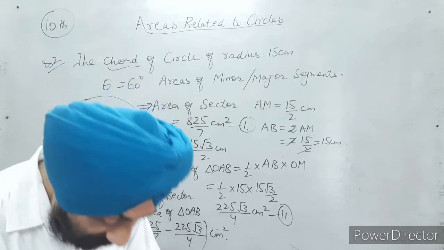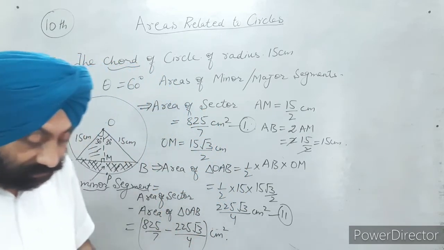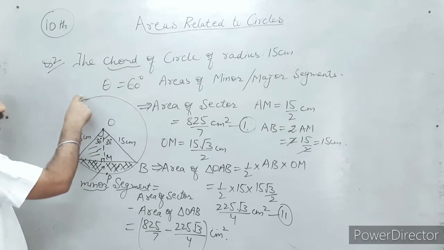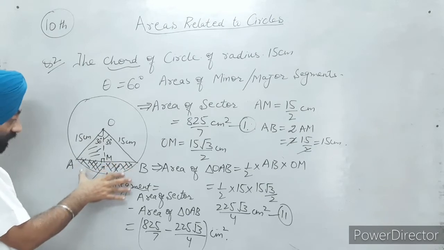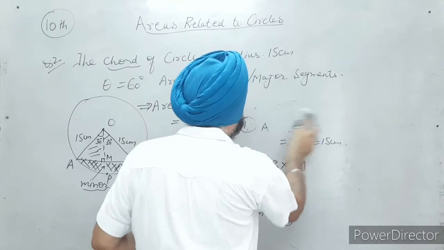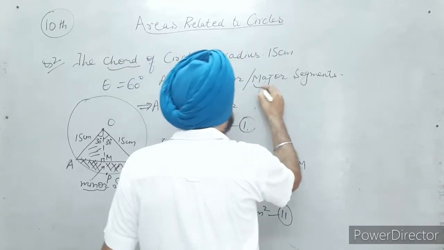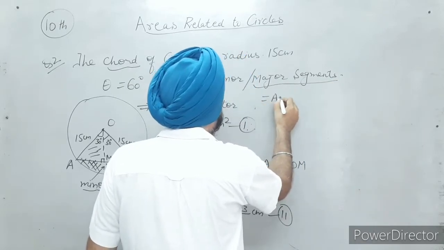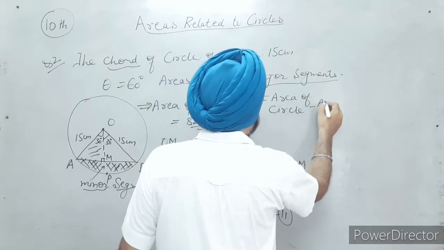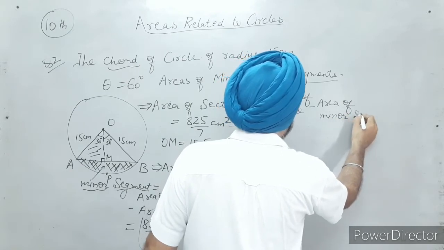Next is very easy. I need the area of the major segment. It's easy. That is area of the circle minus area of the minor segment. Let me draw it. Now, area of the major segment is equal to area of circle minus area of minor segment.